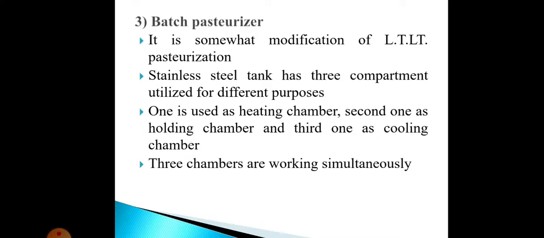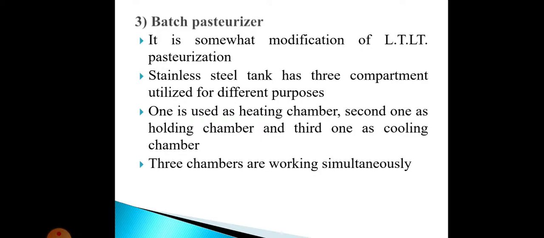Then the third one is the batch pasteurizer. It is somewhat a modification of LT pasteurization. The stainless steel tank has 3 compartments utilized for different purposes. One is used as a heating chamber, the second one as a holding chamber, and the third one as the cooling chamber.